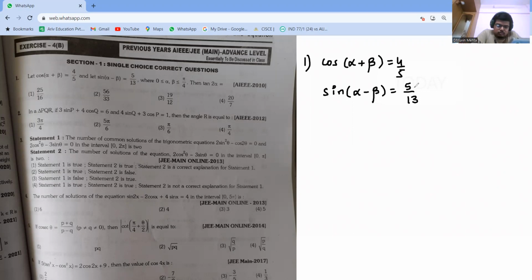Divide नहीं, that doesn't help. Alpha plus beta, alpha minus beta, and 2 alpha. Any relation that you can establish between these three angles?